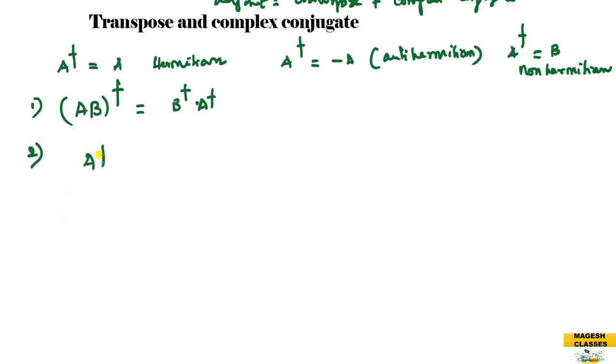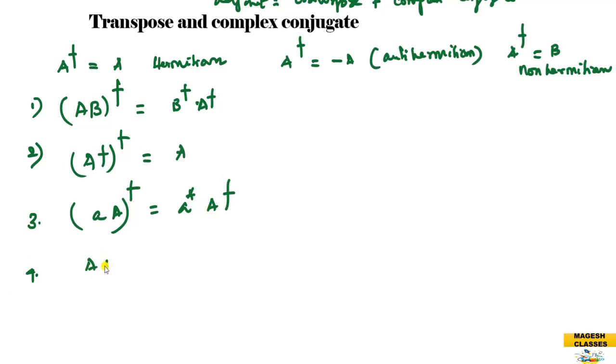Then (A dagger) dagger is equal to A. The constant times the operator, dagger, is equal to the conjugate of the constant times A dagger. Then (A plus B) dagger is equal to A dagger plus B dagger.